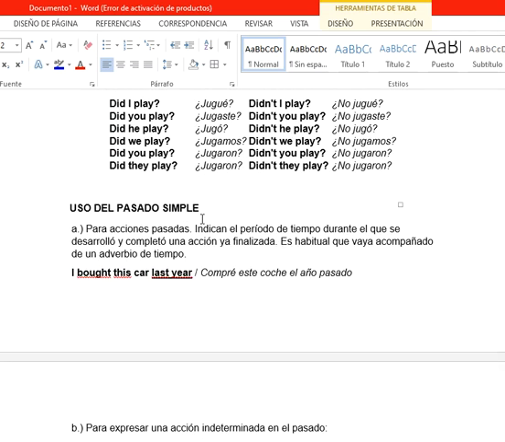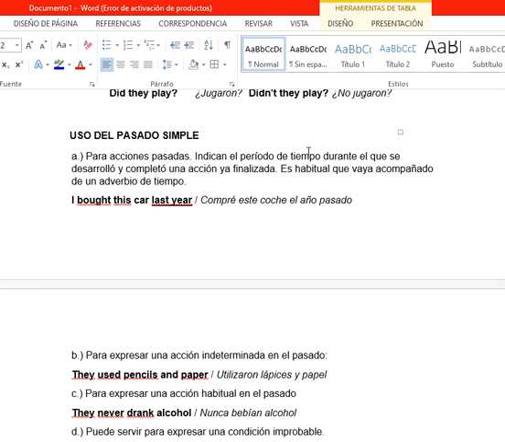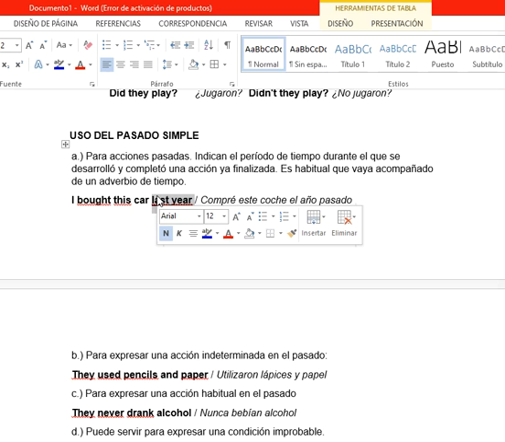Okay, we have the usages in here. The usages of the past simple are these. First one, when we talk about an action in the past, but that action has a specified moment. We specify the moment that action happened, in this case, last year.